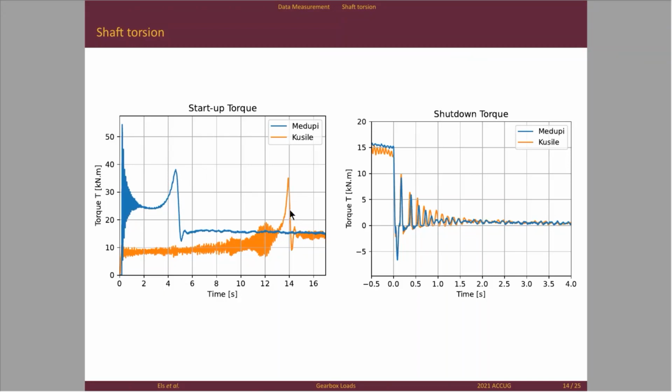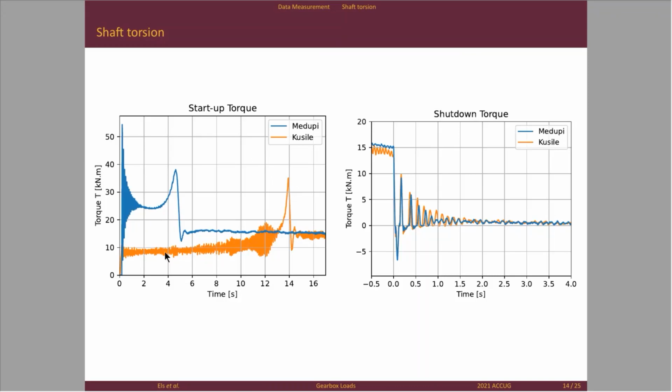If you go to a soft start, and remember, this is a much lighter fan at Kusile, if we would have looked at exactly the same heavy fan that they have at Medupi, I'm very sure that we will also end up with a value of at least 50 kilonewton meter. So again, the soft start is not mechanically a soft start, it's just a slow start.